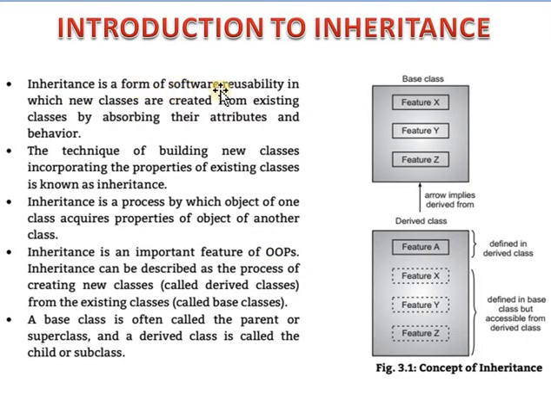Inheritance is a form of software reusability in which new classes are created from existing classes by absorbing their attributes and behavior. It provides the code reusability feature in which a new class is created from the existing class by copying its attributes and behavior.